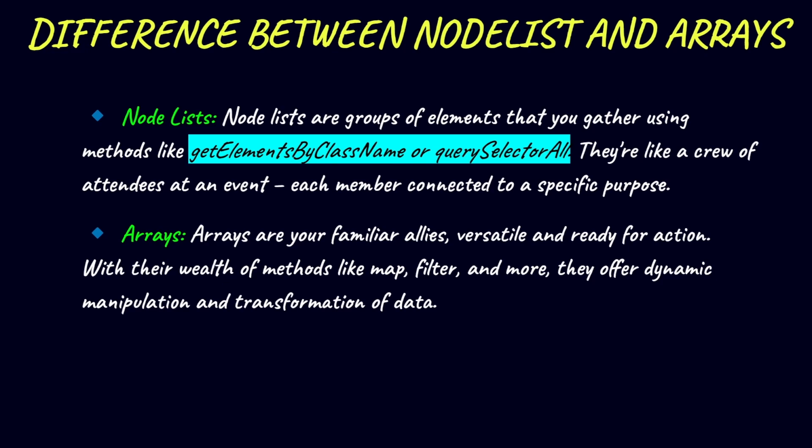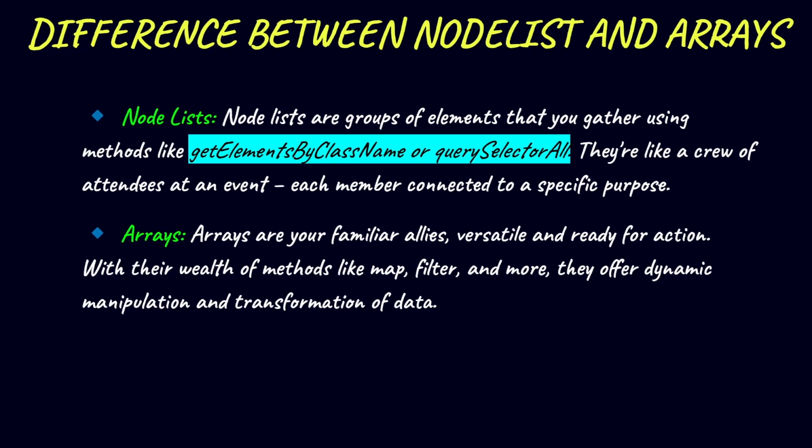So basically node lists are groups of elements that you gather using methods like getElementsByClassName or querySelectorAll. These are like a crew of attendees at an event, each member connected to a specific purpose. So until now, with class name, we were understanding that they were arrays, but they are not basically arrays. They are called node lists.